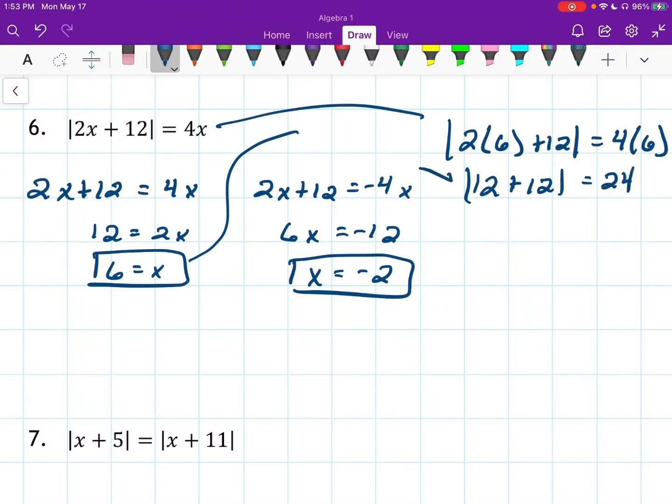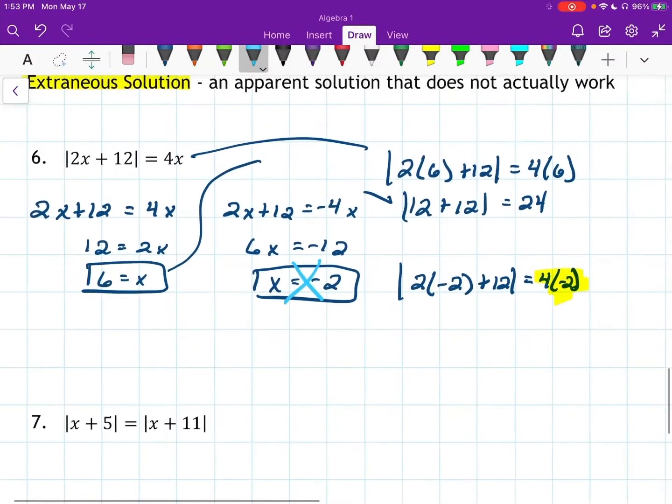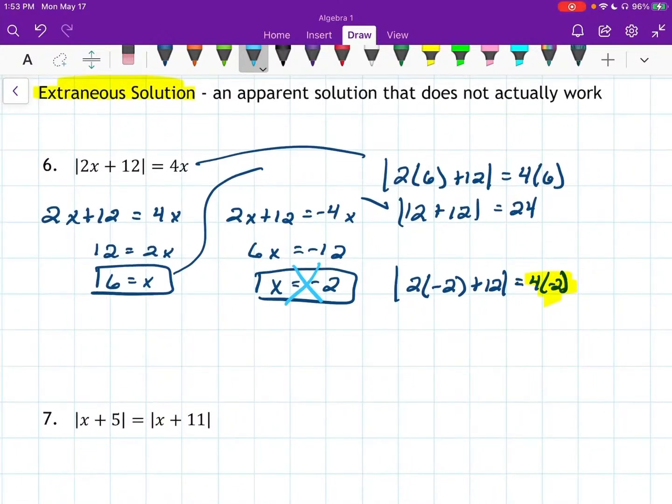Now, if we were to plug in the negative 2, we'd have the absolute value of 2 times negative 2 plus 12 equals 4 times negative 2. Now, if we look here, it's going to give us a negative outside our absolute value bars. Well, we know that's something that just doesn't work. So this is a bad answer. It's not that we messed up anywhere, it's just that it's an extraneous solution. The way that I signify that is I just cross it out like I did there.